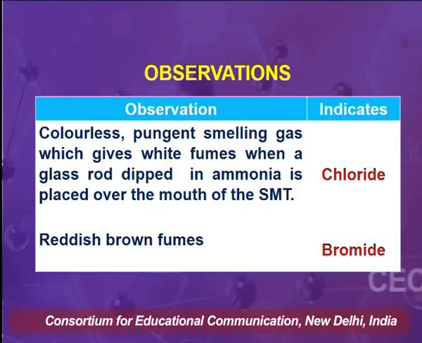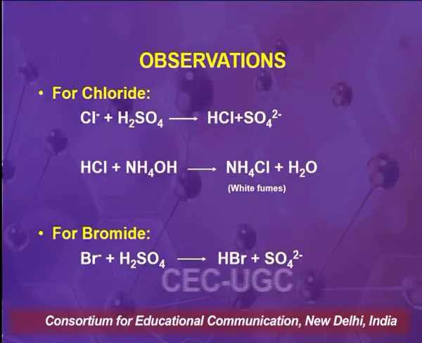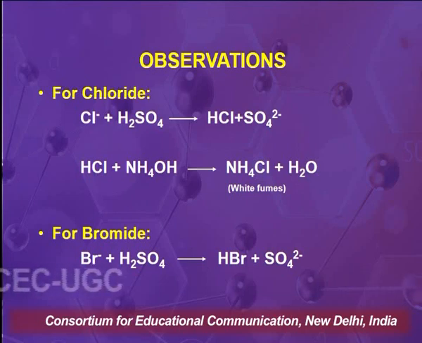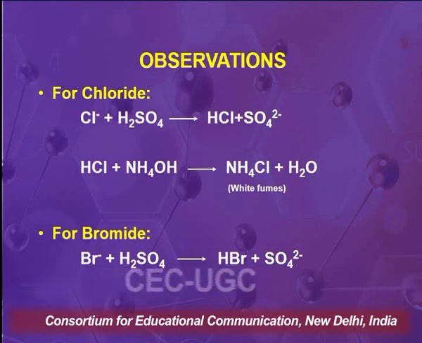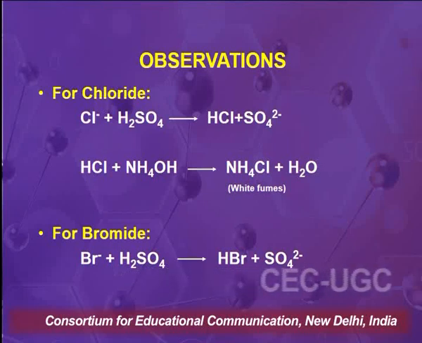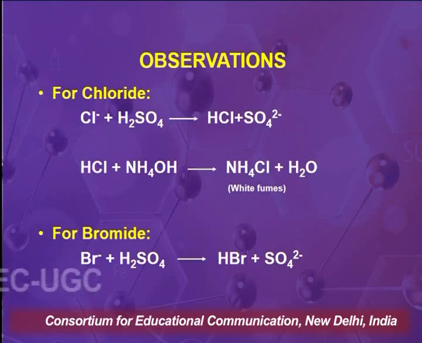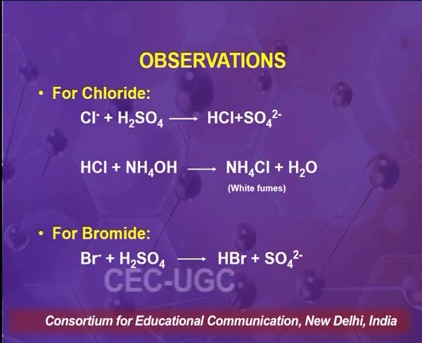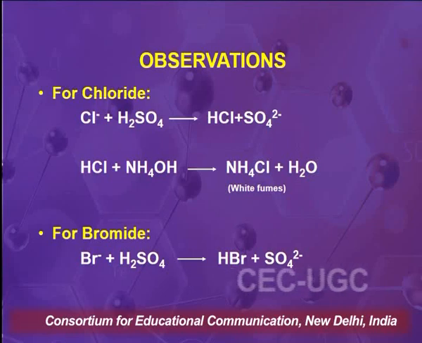The second observation: if reddish brown fumes are obtained, it indicates the presence of bromide ions in the mixture, due to the evolution of bromine gas. This is the chemistry involved. For chloride, chloride ions react with sulfuric acid to release HCl, and HCl further reacts with ammonia or ammonium hydroxide to give ammonium chloride, which gives white fumes on the glass rod.